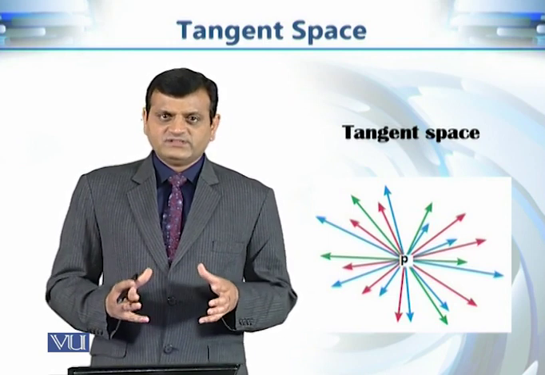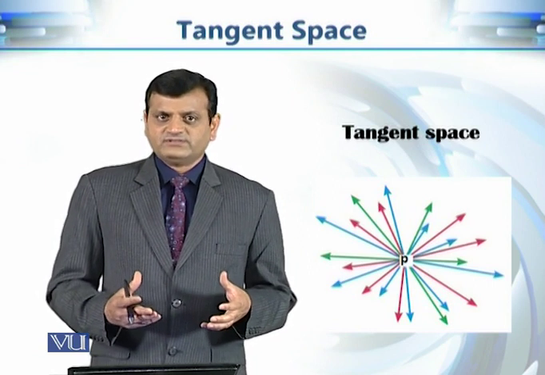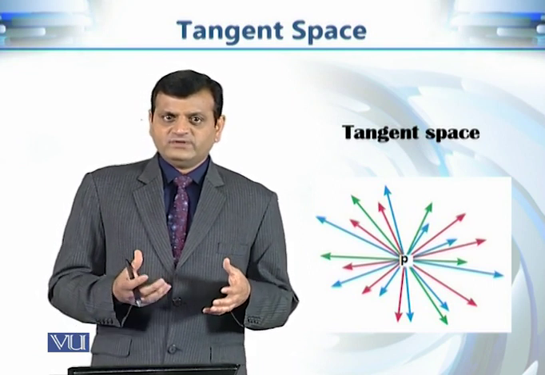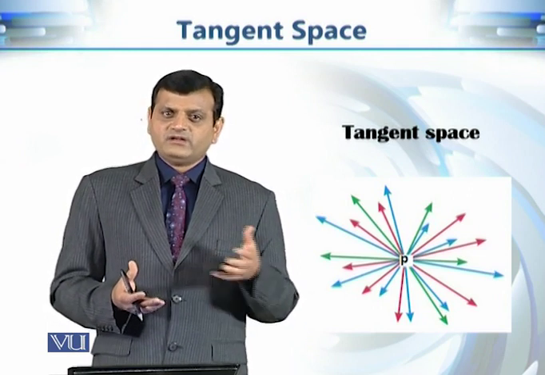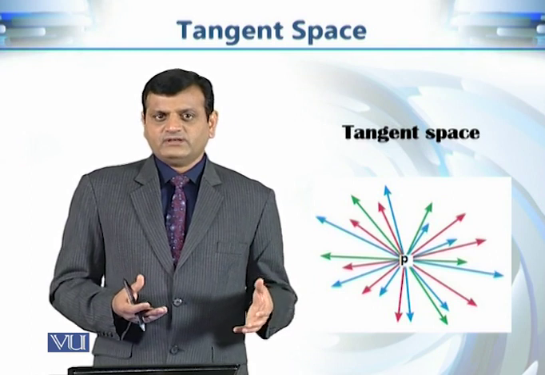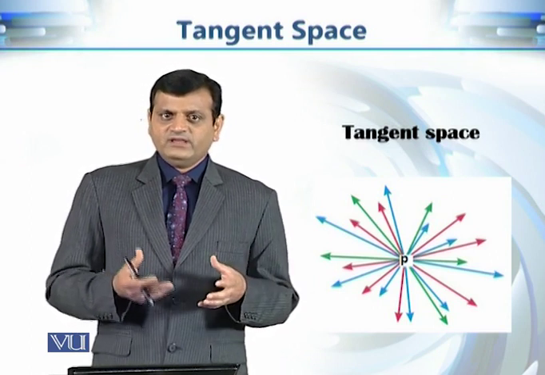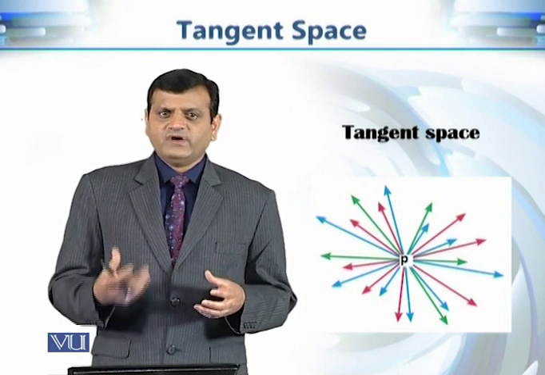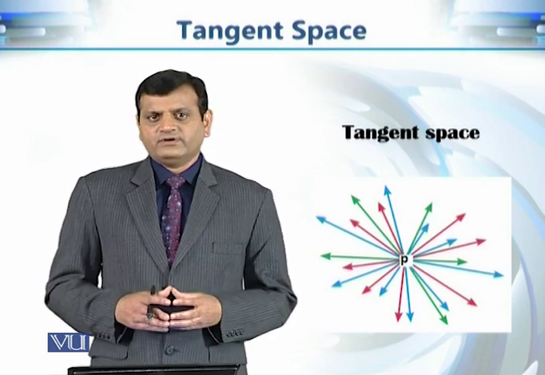This gives us an important hint for dealing with vectors in a tangent space. The study of vectors in a tangent space at a point P is going to be very parallel to our study of vectors in R3. In R3 we have i, j, k, so in Tp of R3 we need to find its own version of i, j, k. That's going to be part of our next discussion.